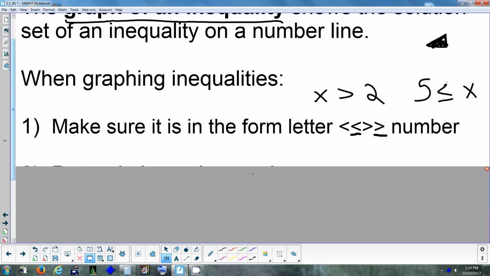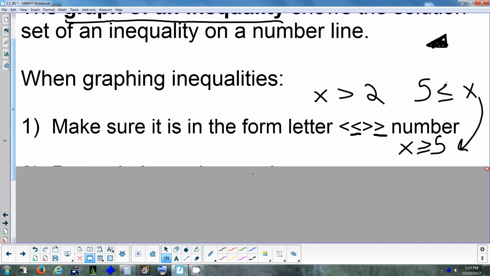There it is down there. It's pointing towards the 5. When I flip it, I want to make sure that the arrowhead is still pointing towards the 5. So I'm going to flip it over down here, pointing towards the 5. I'll put my 5, and I'll put my arrowhead.